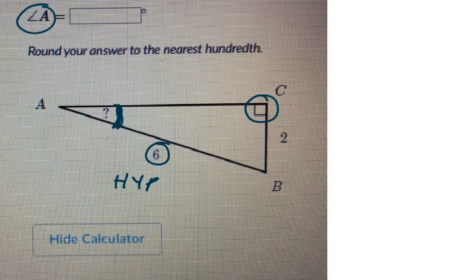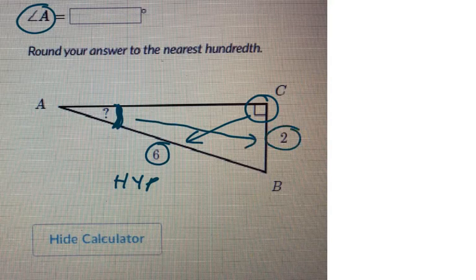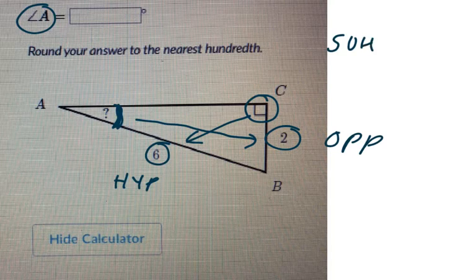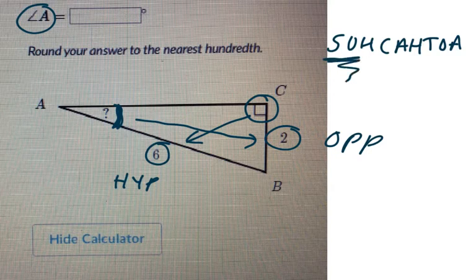The hypotenuse is always the longest side, opposite the right angle, right? Notice the 2 here is opposite, or on the other side of, our angle A. Hence, it's the opposite. Now, according to some old hippie caught another hippie tripping over apples, we are going to do sine, right? We have opposite and hypotenuse.